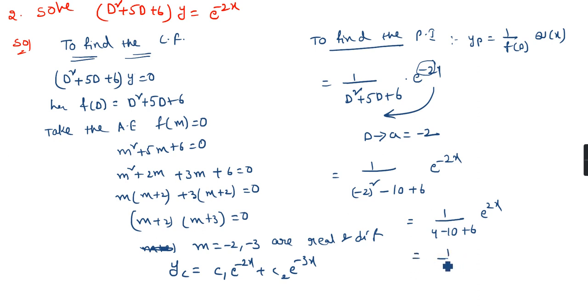So here, 4 minus 10 plus 6, that is 0, you are getting. We can write this two ways, so I'll tell you. See what you are getting. This equals 1 by 0 into e power minus 2x.